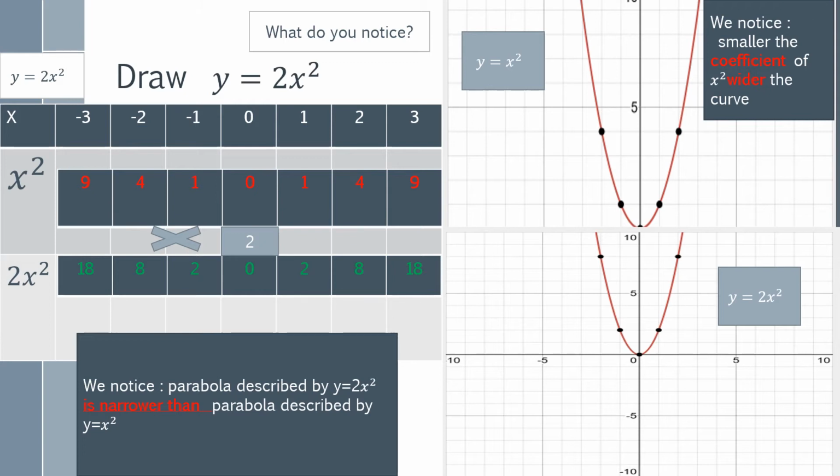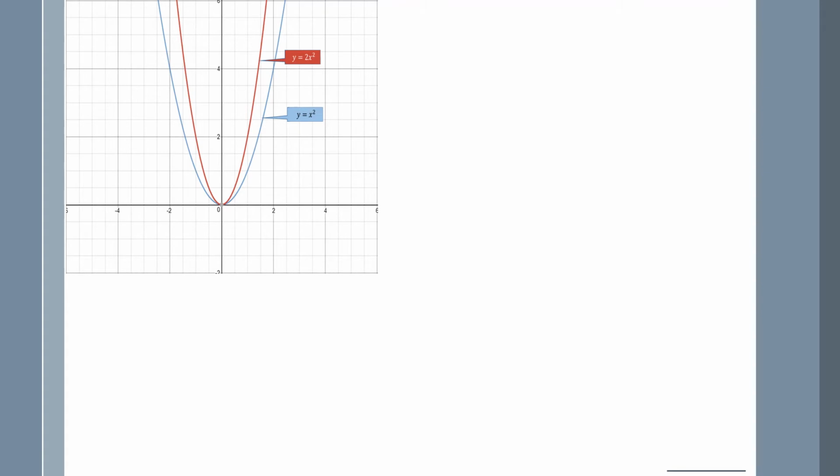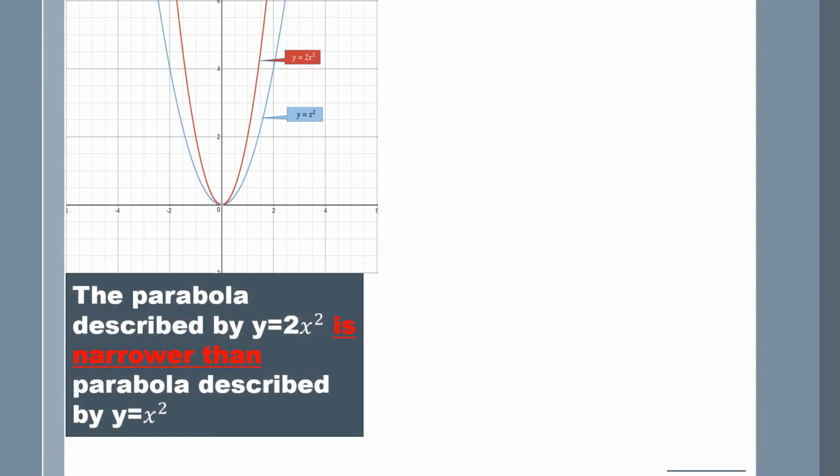So when the coefficient is increasing, it's becoming narrower. If we combine the two drawings on the same grid, you will notice y equals 2x squared is narrower than y equals x squared because it has the highest coefficient.